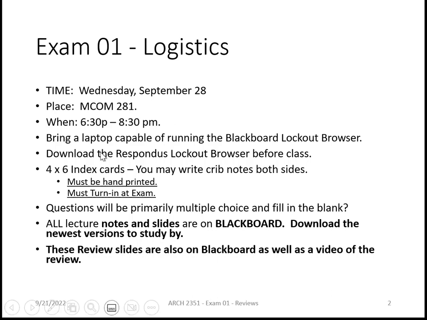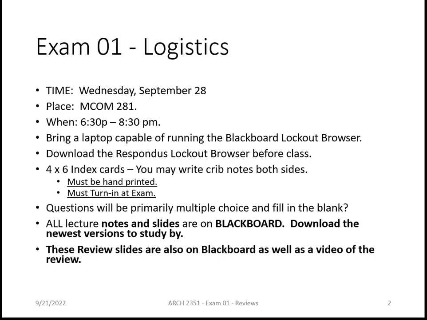Here I'm going to flip. And we should be looking at, yeah. So if you go to our class, the exam will be sitting down here on the bottom when we start the class. But what you will do is go into exam review slides videos, right up at the top. I put a link to the Respondus Blackboard lockdown browser.